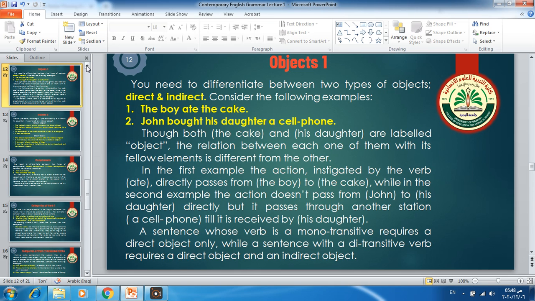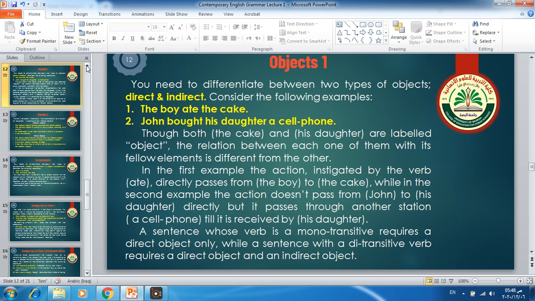In the first example, the action instigated by the verb ate, so the activity of eating, directly passes from the boy to the cake, so the cake undergoes the process of eating that is performed by the boy. While in the second example, the action doesn't pass from John to his daughter directly, but it passes through another station, a cell phone, till it is received by his daughter.